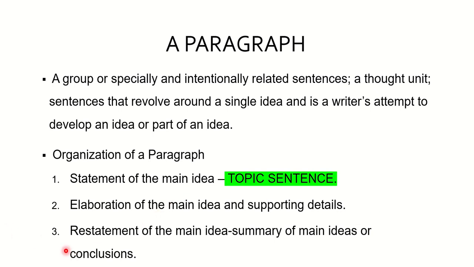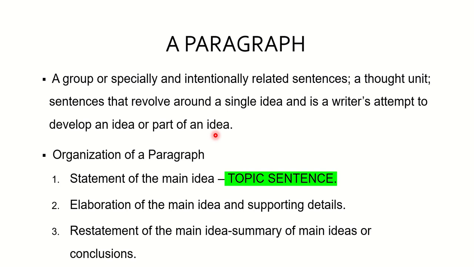Last but not least, usually we are going to have a restatement of the main idea, a summary of the main idea, or a conclusion in that particular paragraph. So there are three things that you have to have if you were to write a paragraph, or if you were to encounter a good paragraph.